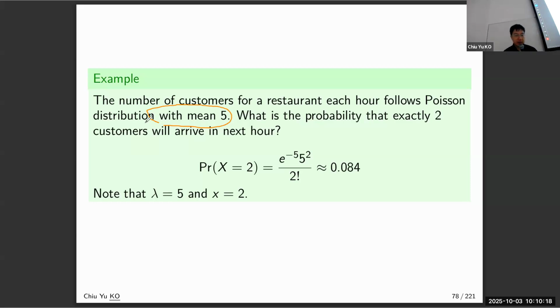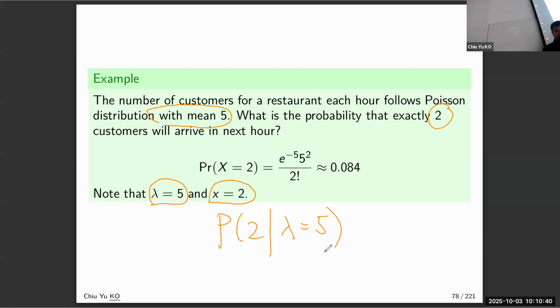That means that you would simply use the idea that this is a Poisson with lambda equal to 5. It's asking 2, right? So it's P of 2 given lambda equal to 5. That would be the idea. It's exactly this guy.